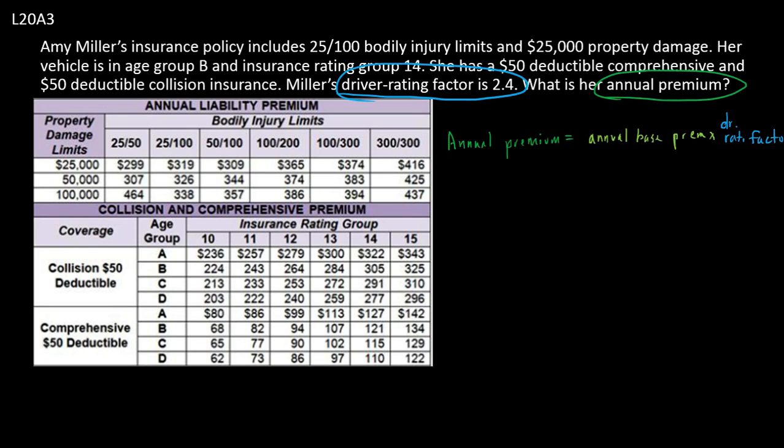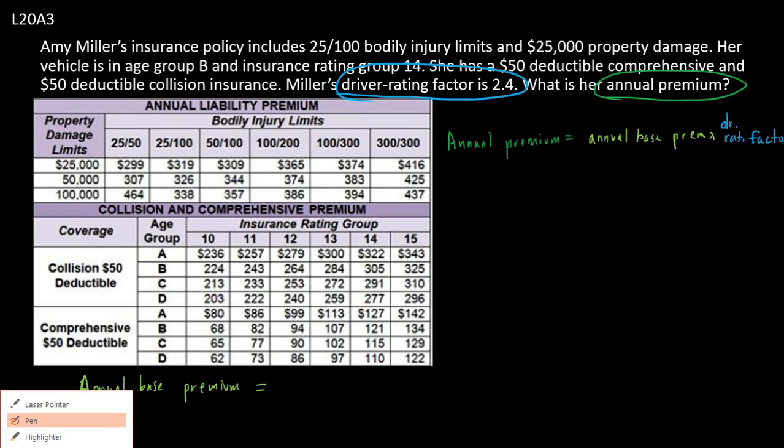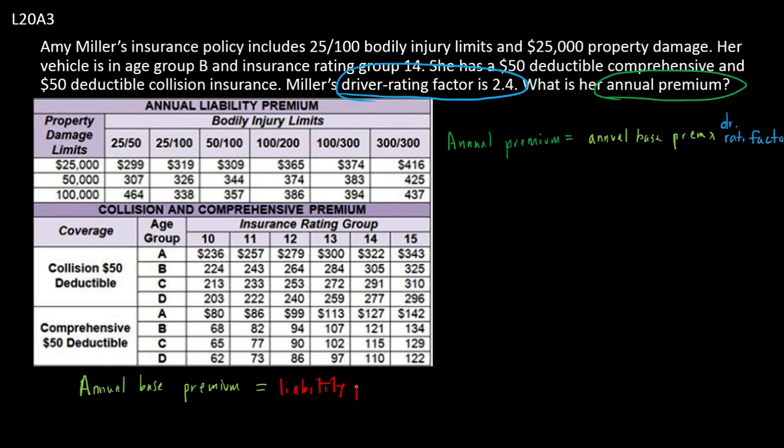So pull out the equation for that, and I'm going to write it down here for more space. So my annual base premium is equal to my liability premium added to my collision premium plus my comprehensive premium.